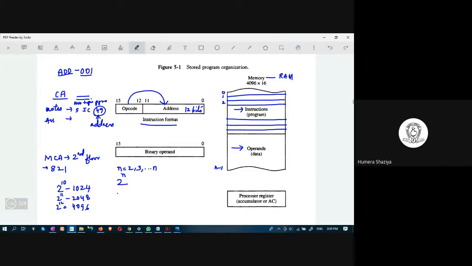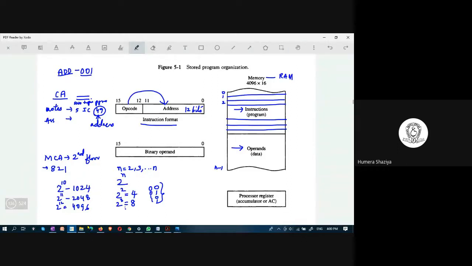When n is 2, 2 to the power of 2, you get 4 combinations: 00, 01, 10, 11. With 2 bits, you can arrange them in 4 different ways. When there are 3 bits, you can obtain 8 different combinations.